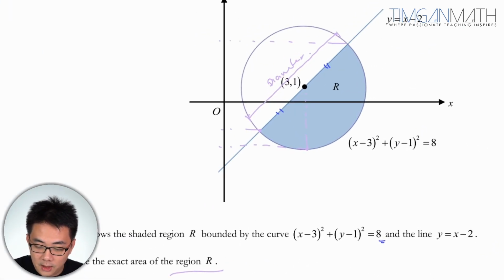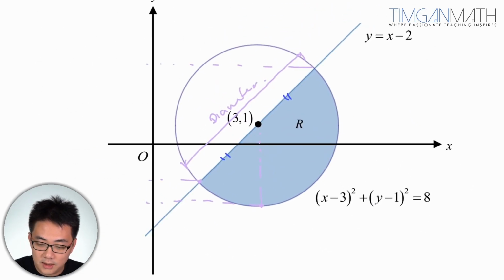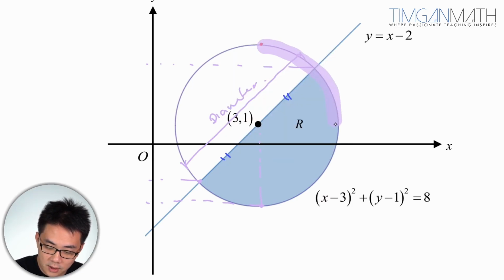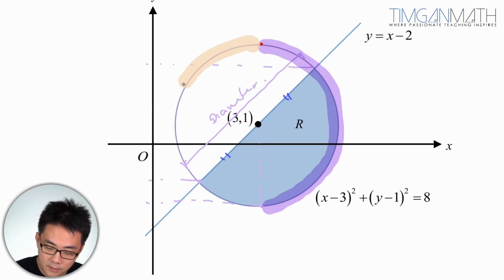Okay, the equation with respect to y. So from the perspective of y, there are 2 equations for the circle. So one is this, and you have another equation which is here.